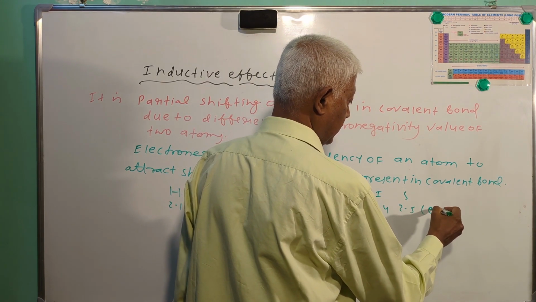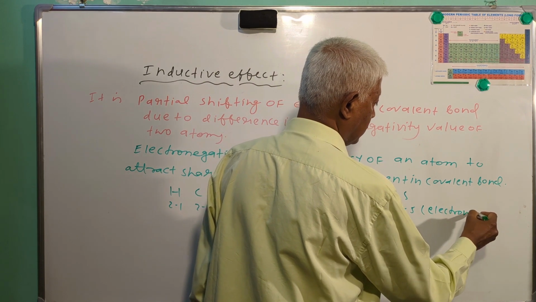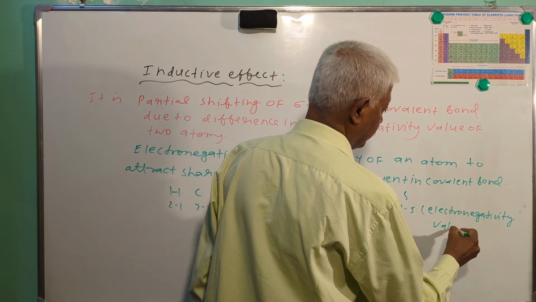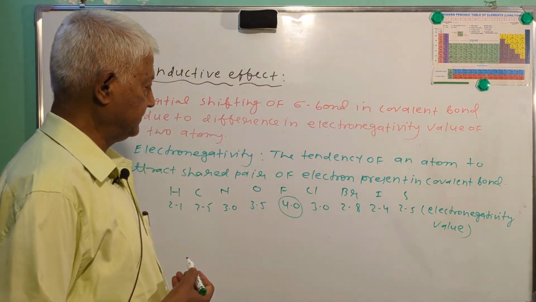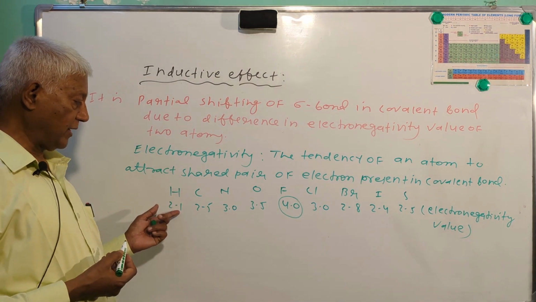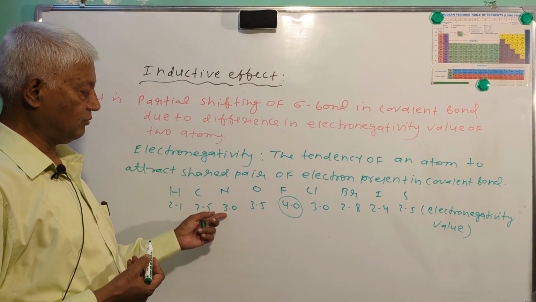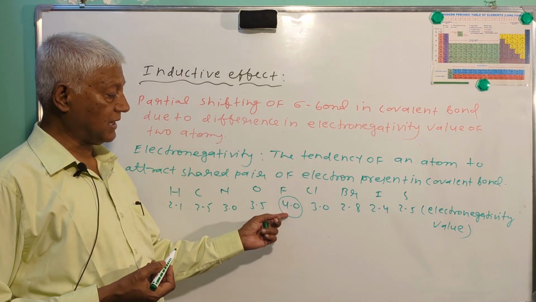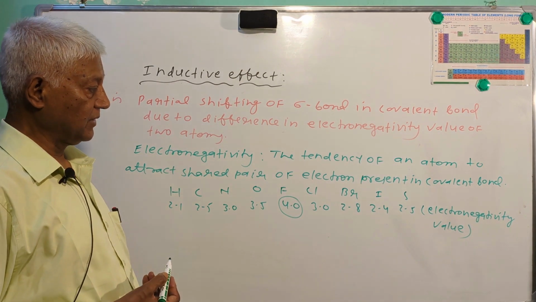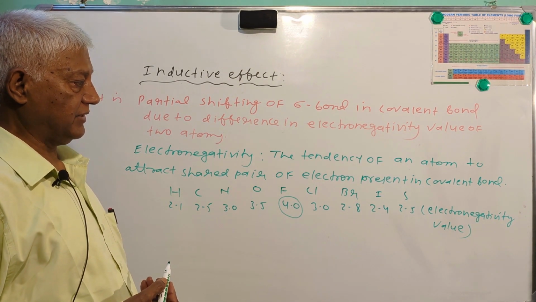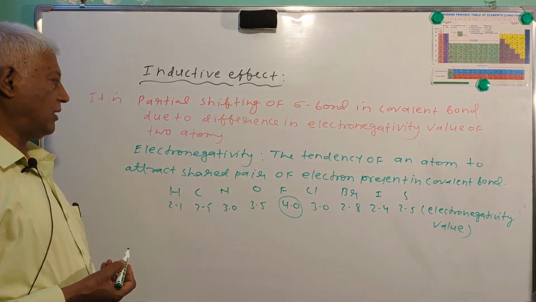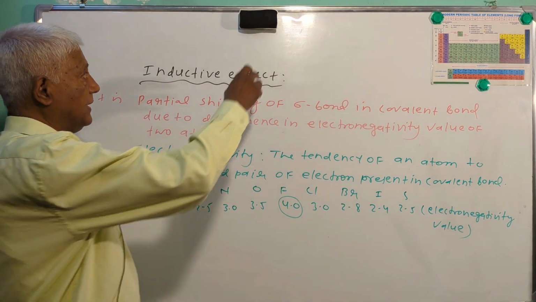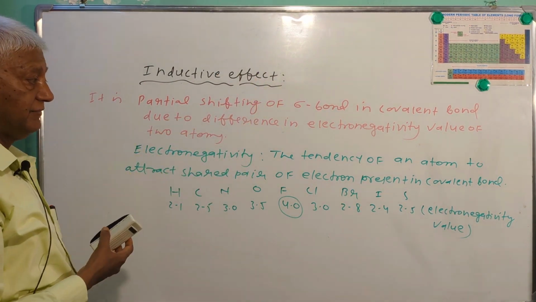That is the electronegativity value. So you have to remember all this. Fluorine has maximum electronegativity. Now we are clear about what electronegativity is and how it participates in the inductive effect.